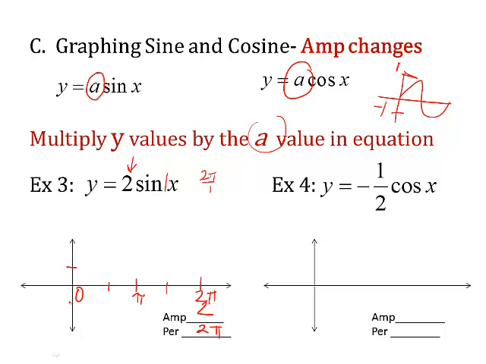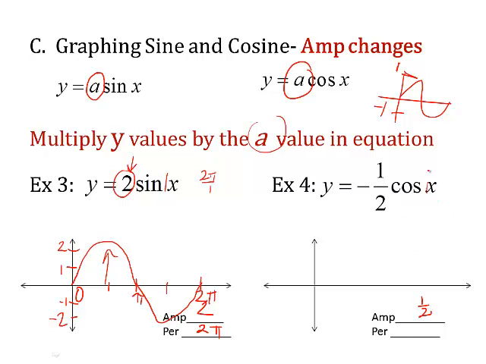Now, what used to be a 1 and a negative 1, I'm just going to multiply by 2. So now it's a 2 and a negative 2. So my graph starts at 0, it's going to come up to 2, down here to pi, down to negative 2, and up to 0 again. So the distance here has doubled, basically, times 2.